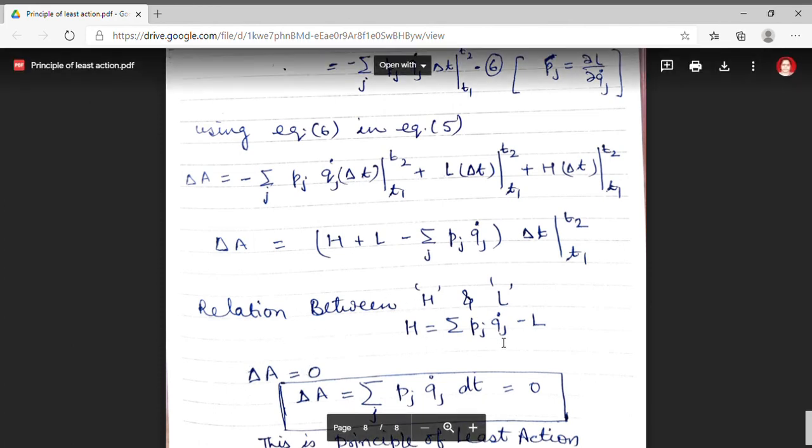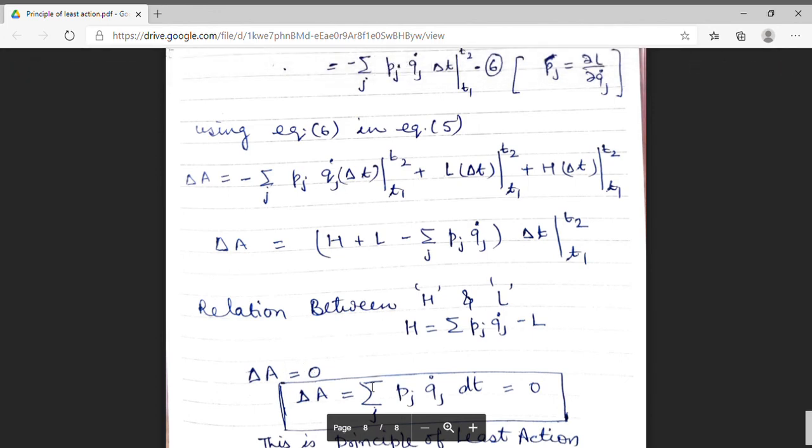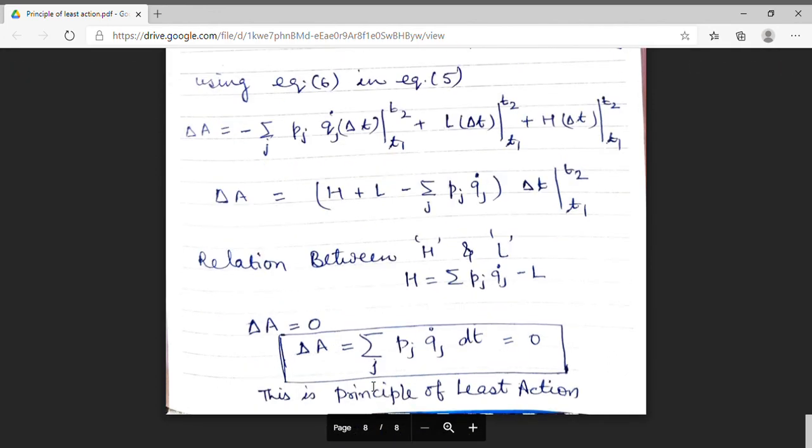Using this relation, we get δA to be 0. This is termed as the principle of least action. That means δA, which is the integral of summation j pj qj dot dt, must be equal to 0.